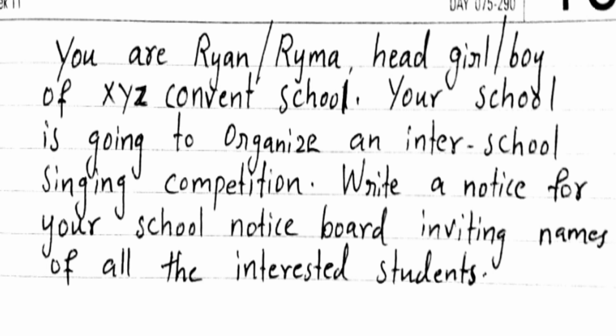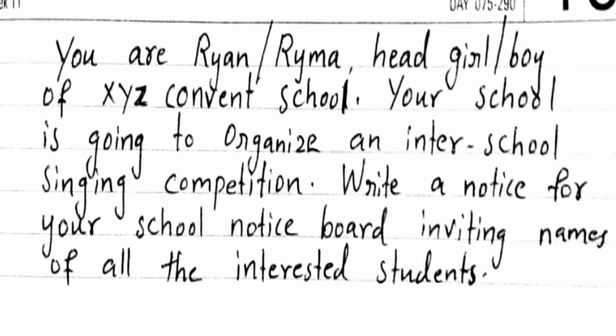And what you are going to put the notice on is also given. The topic is given clearly, that is, the school is going to organize an inter-school singing competition. So write a notice for your school notice board inviting names of all the interested students.